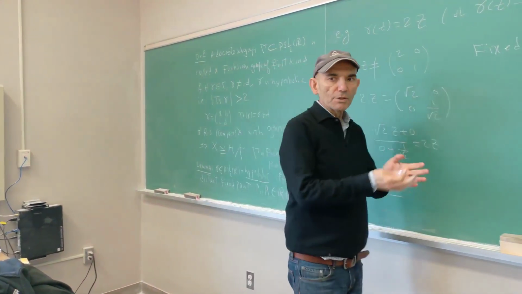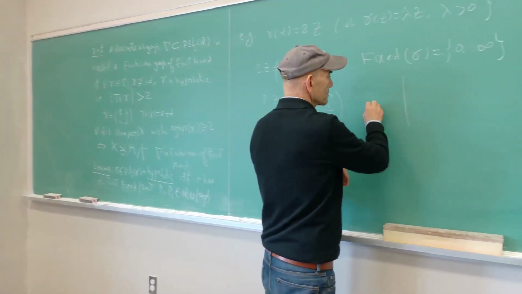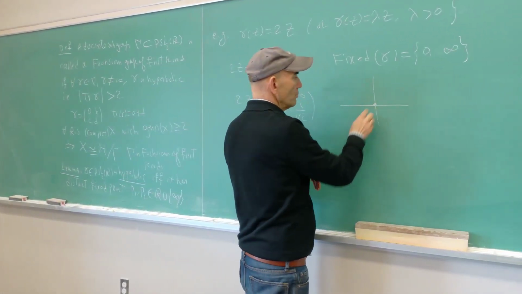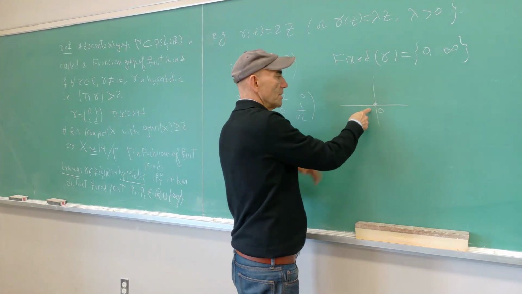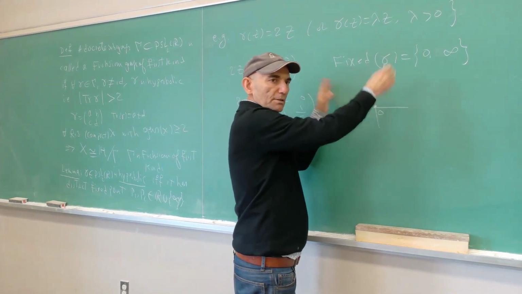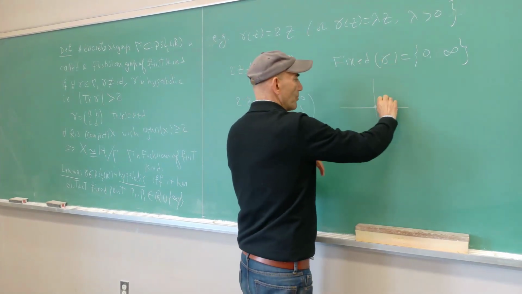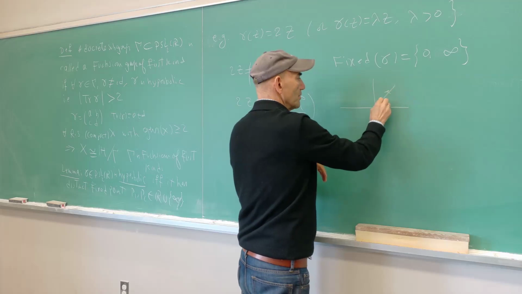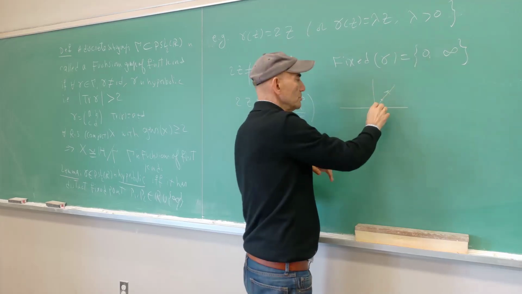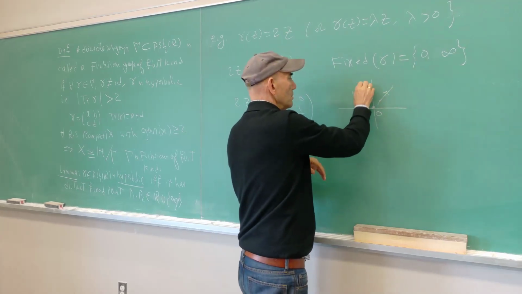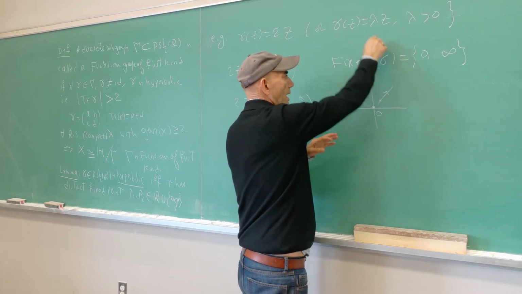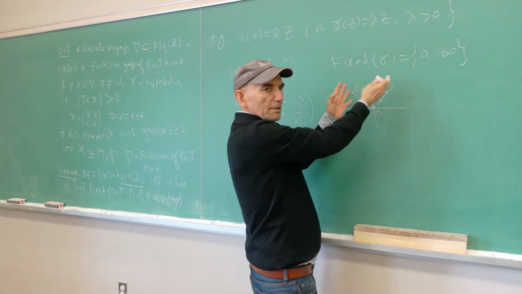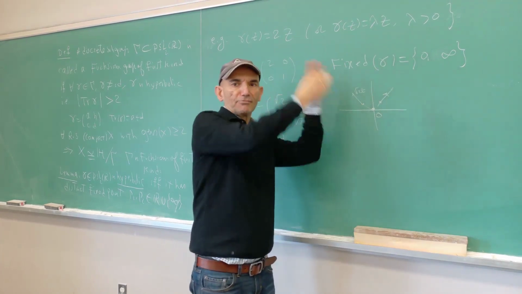And in fact, how it acts: there is one point which is here, and it's kind of repelling. Everything goes away from it, every point multiplied by 2. And at infinity, it basically pushes everything towards infinity.